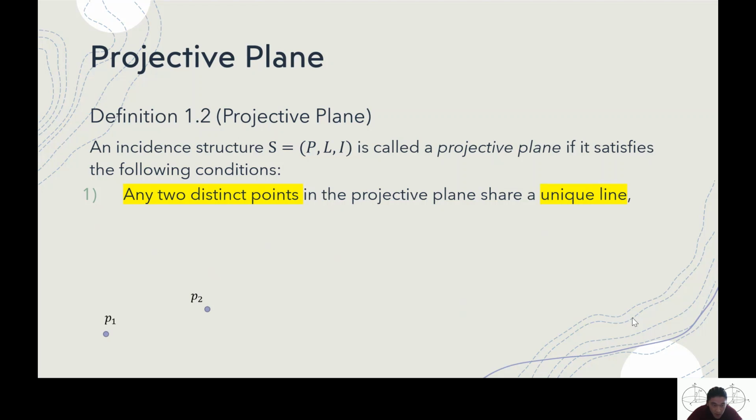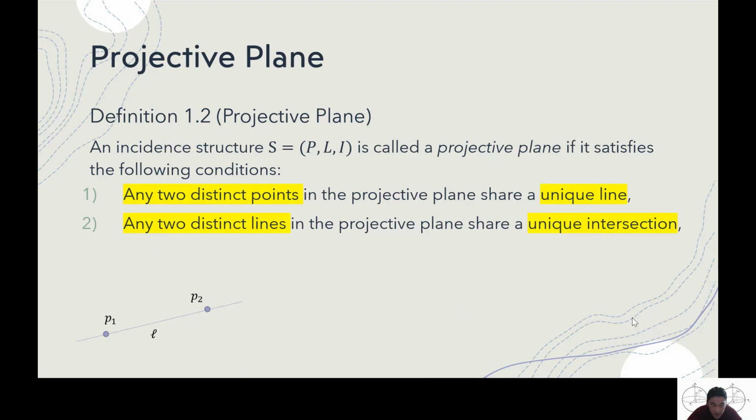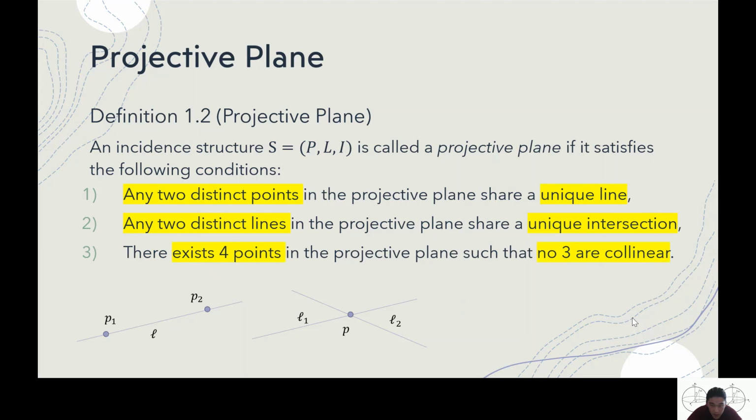Second, any 2 lines in the projective plane share a unique intersection. We can remember this as unique intersection. And third, there exist 4 points in the projective plane such that no 3 are collinear. And we still need a better understanding of this, but at least we have a picture in our head now.